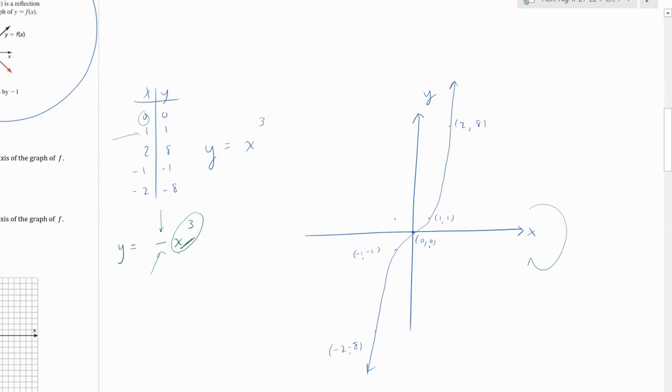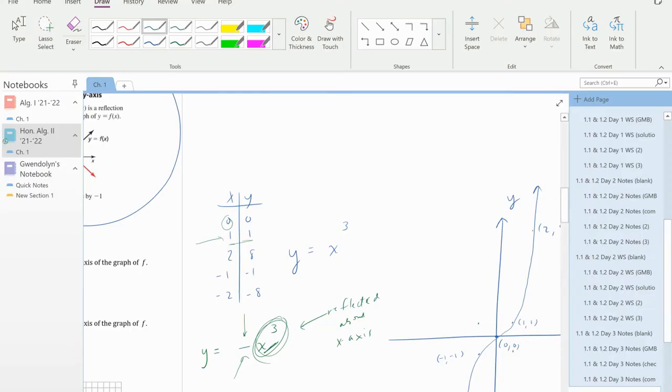I plugged in the 1, cubed it, got a 1, and then got the opposite of that. So we had 1, negative 1 on it. Okay, so that's reflected about the x-axis.